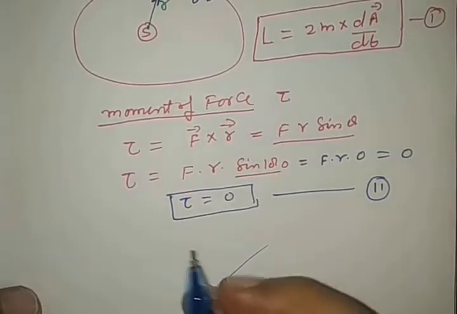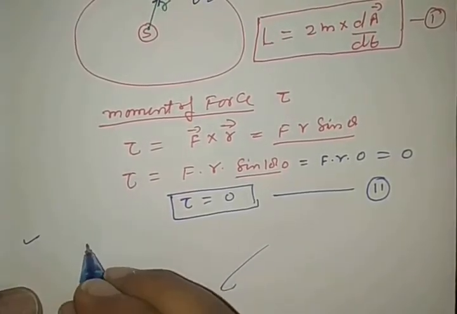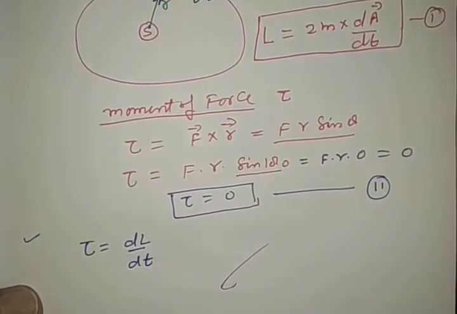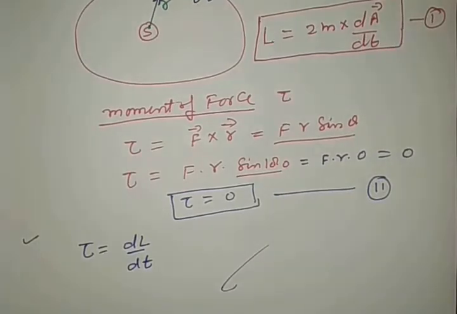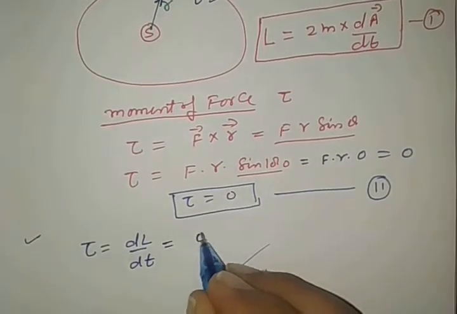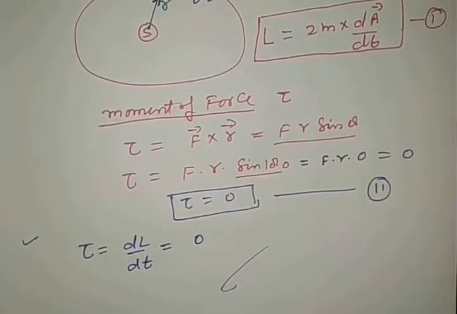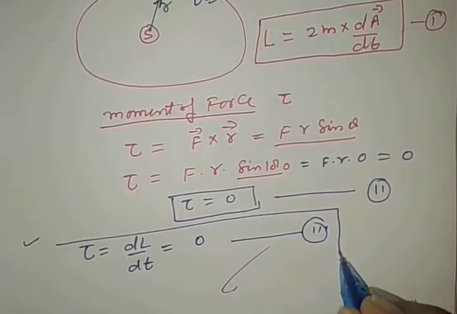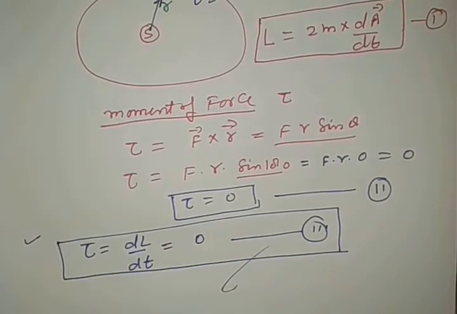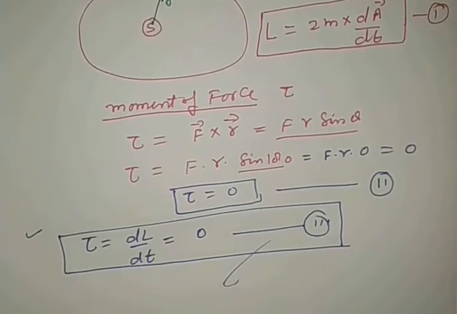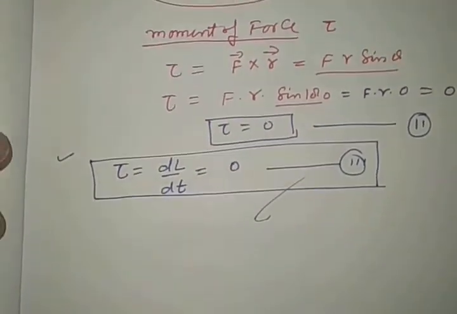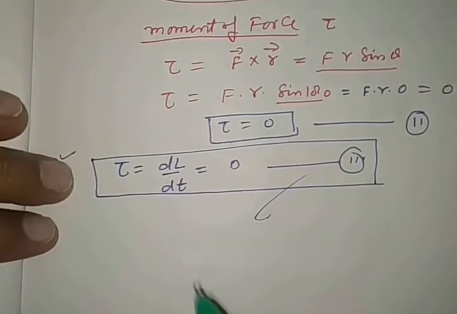Now, we also know that torque is defined as the rate of change of angular momentum, the moment of linear momentum, and it is 0. So it is represented by equation 3. See the fundamental of these first, second, and third equations carefully.